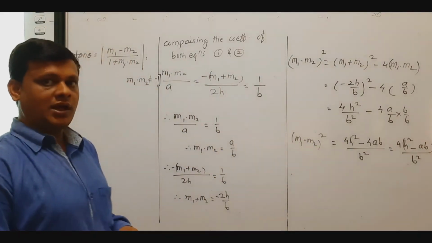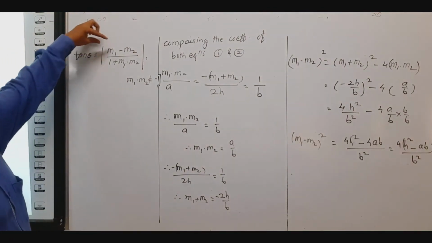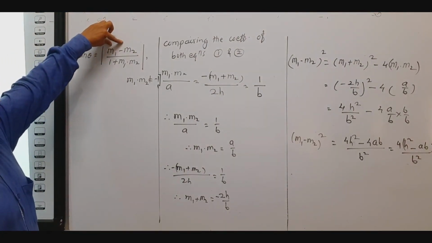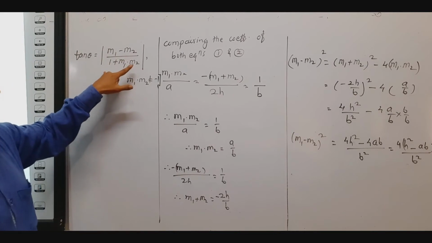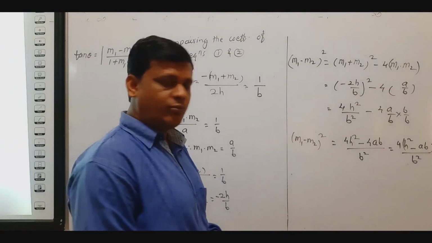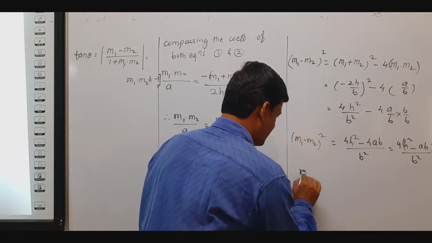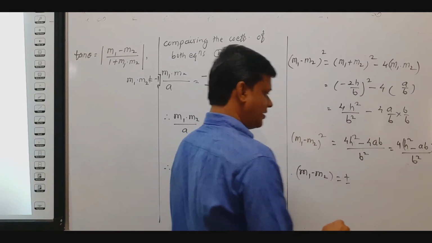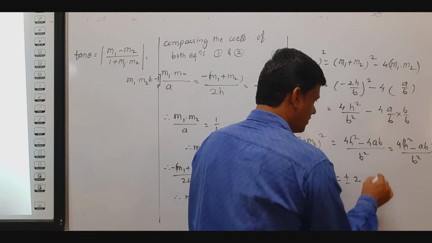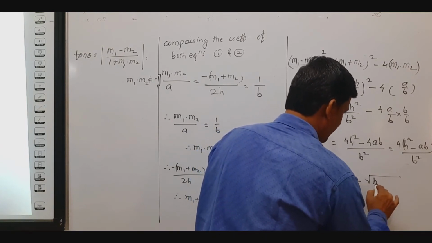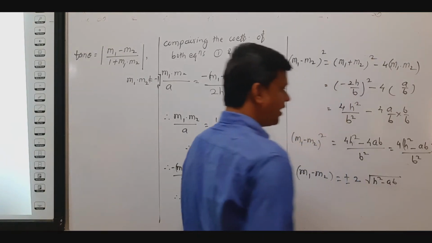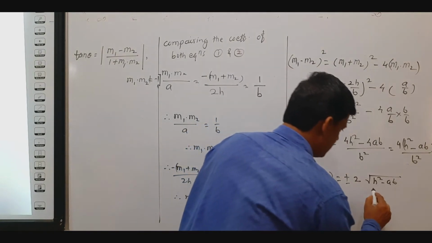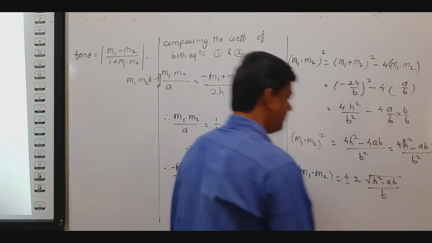Now in the formula we require the value of m1 minus m2 only, in mod. So taking the square root on both sides, m1 minus m2 is equal to plus or minus, square root of 4 is 2, the square root of h square minus ab we cannot calculate so we keep it under the root, and square root of b square is b.